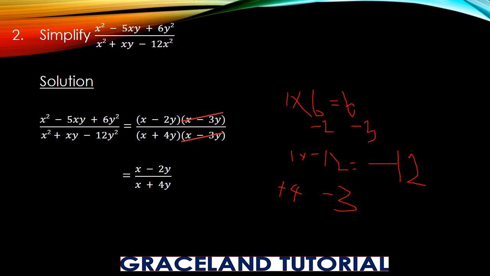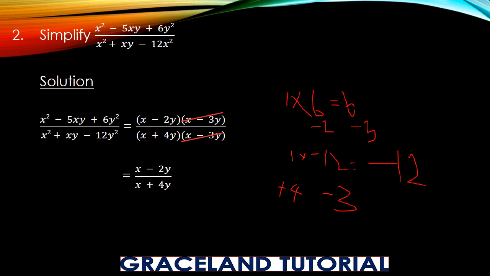And when I add minus 2 and minus 3, it will give me minus 5. So to factorize that, you have x minus 2y in brackets and also x minus 3y in brackets.